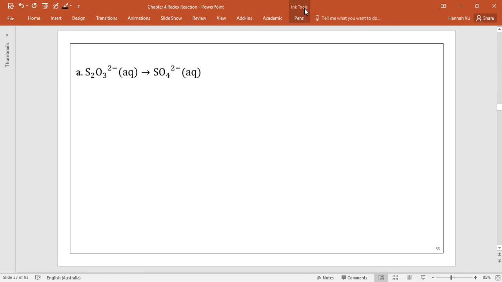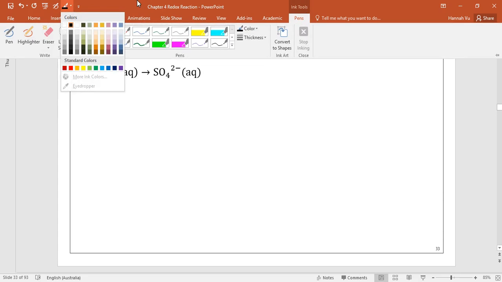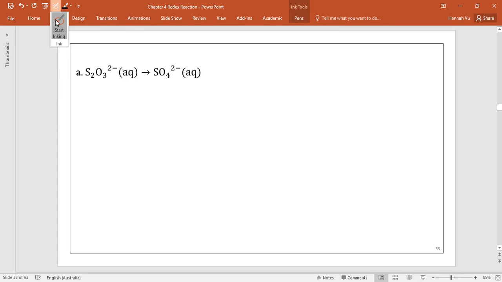All right, so I am going to start by finding the oxidation numbers. Oxygen is going to be negative 2, which means that all the oxygen is going to be -6, and since you want the total oxidation numbers to be -2, this has to be +4.